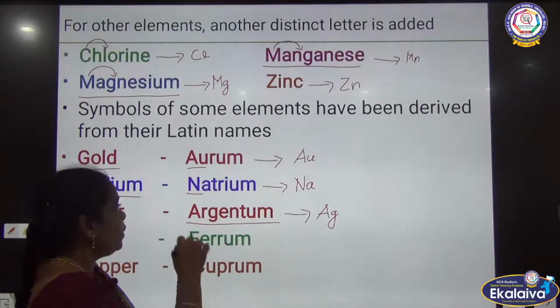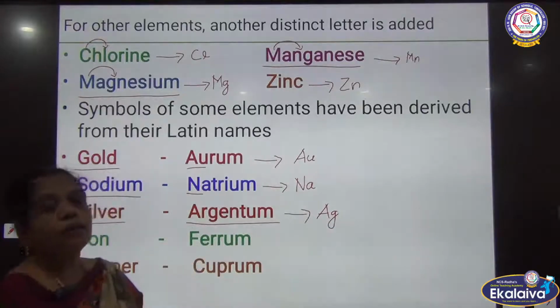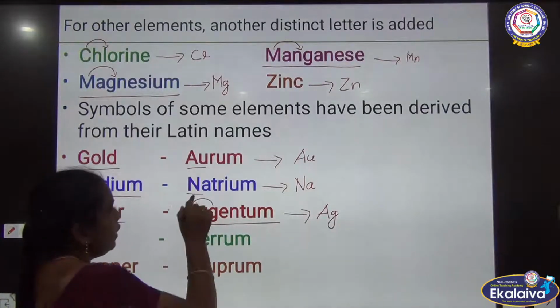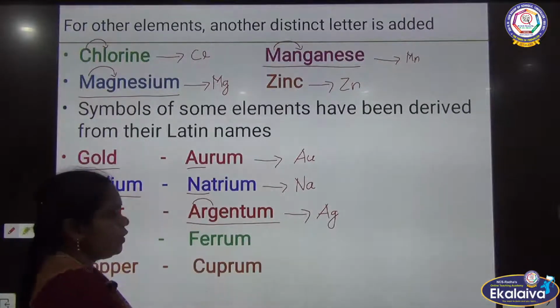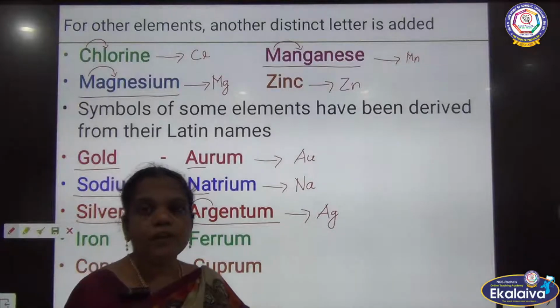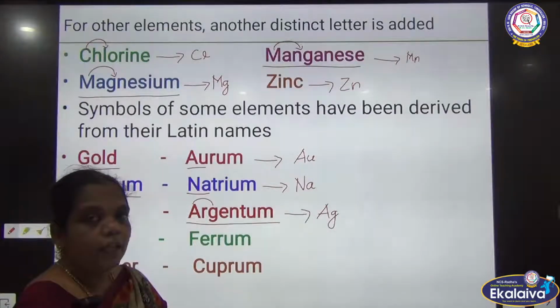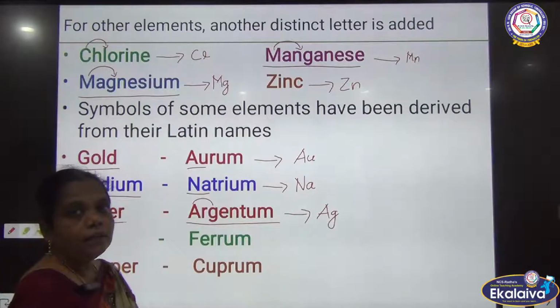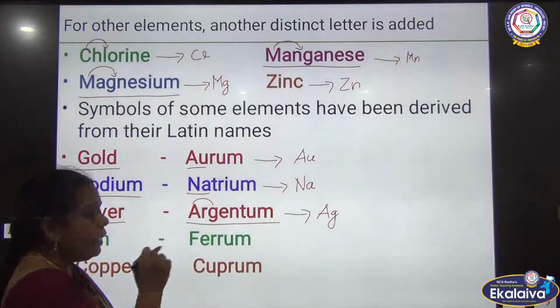So here we take the distinct rule, the first and the third letter. Understand? What is the symbol for silver? Ag. The Latin name of silver? Argentum. So the symbol is Ag.